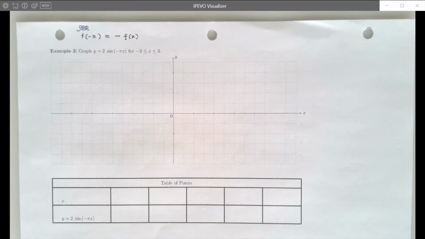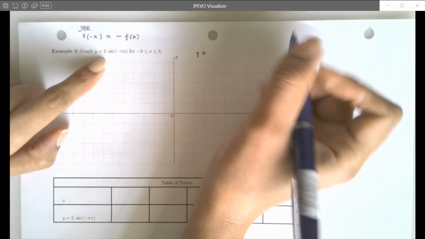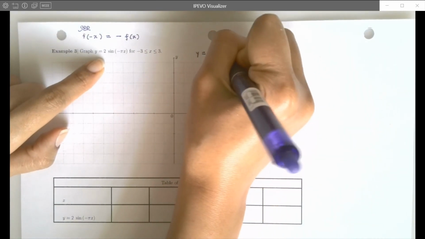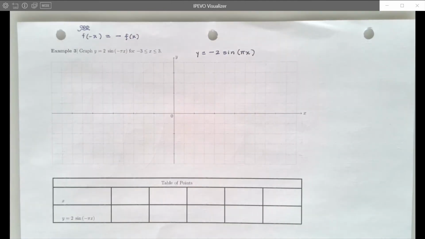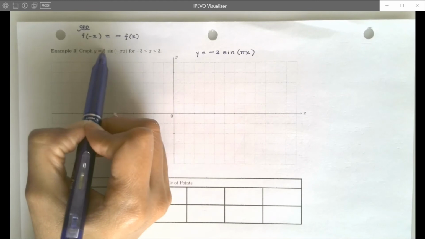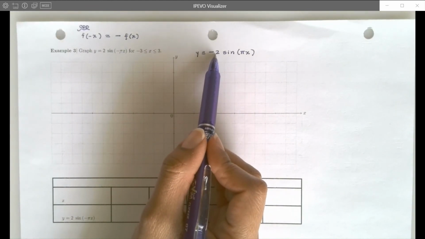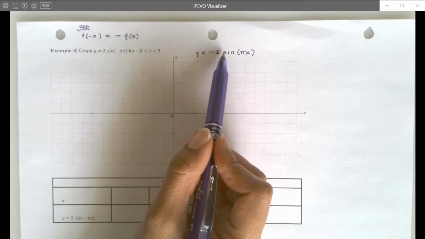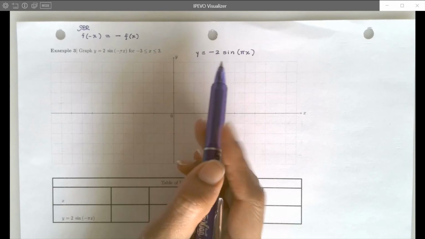Okay, so applying that to what we have here, that means that we're going to end up with y equal to negative 2 times sine of pi x. So I'm bringing out the negative to the front, but there is that 2, so I need to make sure that I bring it all the way outside. Think of it like a negative times a positive 2 gives us a negative 2.